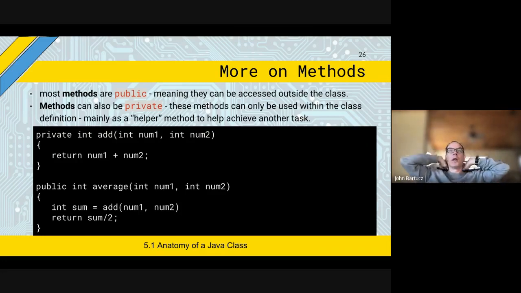But you don't want to let other people do that because it doesn't make sense for them to be able to access it. So that's why you can call it private. Just like the private variables you don't want people messing with, this private method add you don't want people messing with. All you want them to be able to see is the average. So that's why average is public.